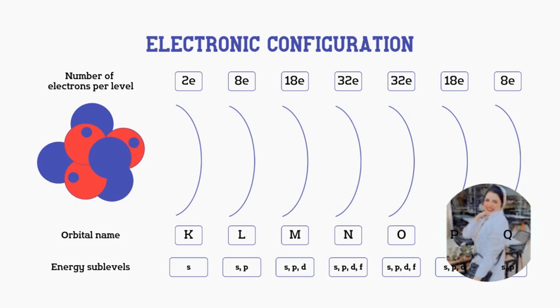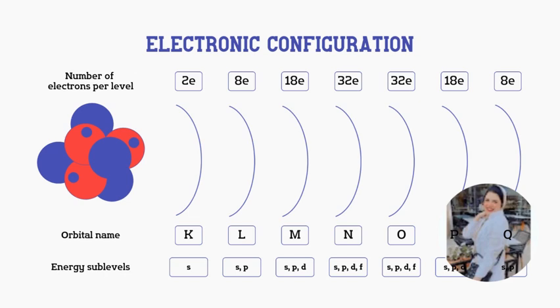K is the first energy level or the first shell, and can hold two electrons. The second energy level, which is L, can hold eight electrons. The third energy level, M, can hold 18 electrons. The fourth, N, can hold 32 electrons, and so on.